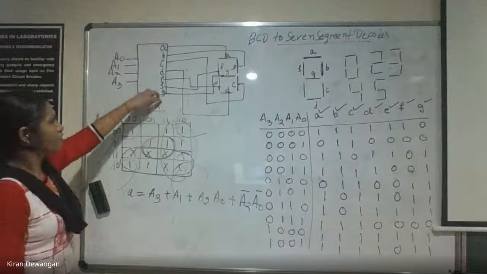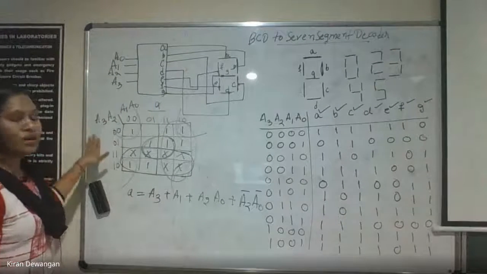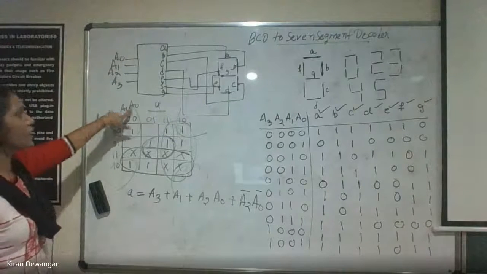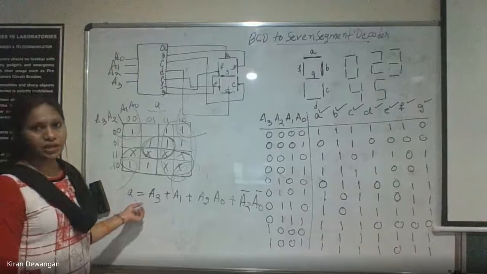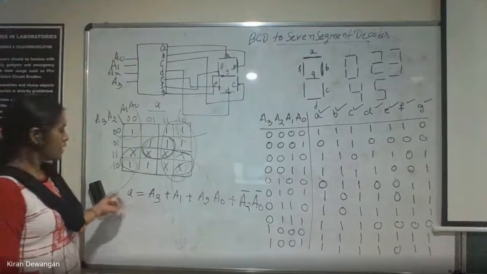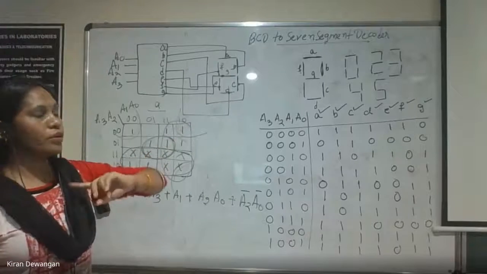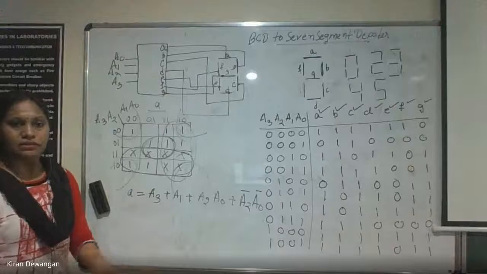So for finding the expression for A, we'll make use of K-map, where the inputs are A3, A2, A1 and A0. Through the K-map you will find this expression. Clear? And after finding the expression for A, similarly for B, C, D, E, F, G, you will just write the expression. That's it.